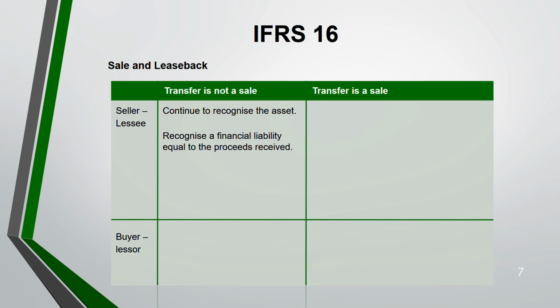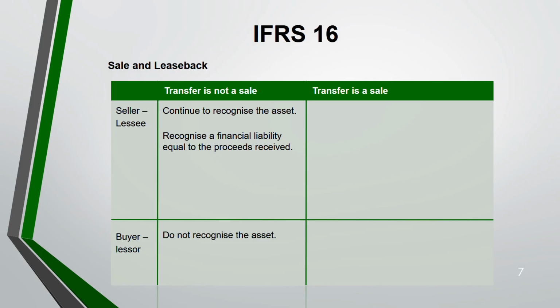When they lease back, they are taking the lease, so they have to pay that amount. So for them, it's a financial liability. They have an obligation to pay to the lessor, to the buyer. So they will recognize a financial liability equal to the proceeds that they have received from selling, which is not a sale. So that proceed that they have received is equal to the financial liability.